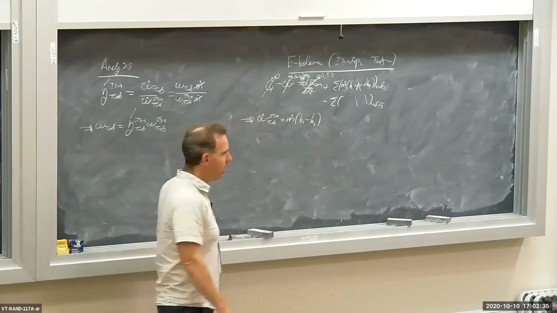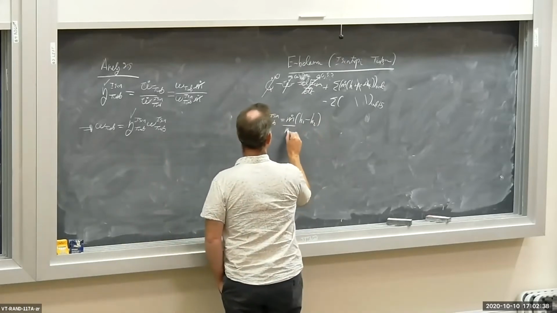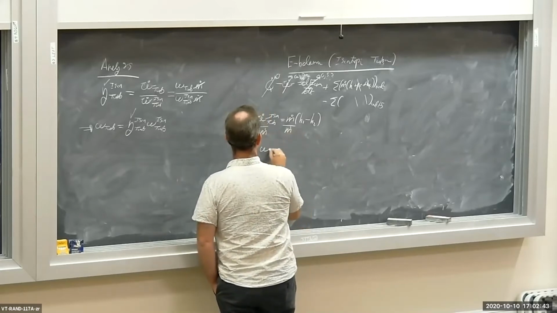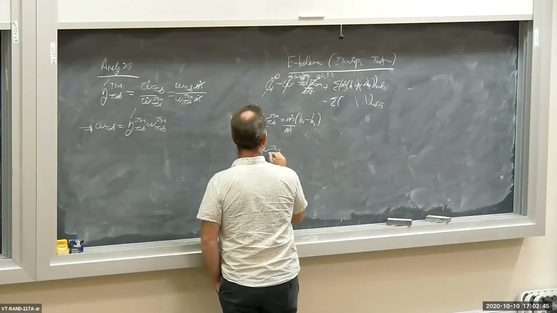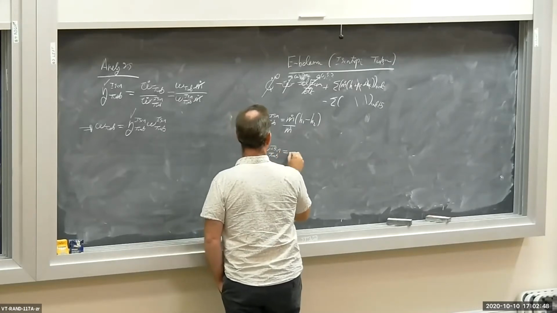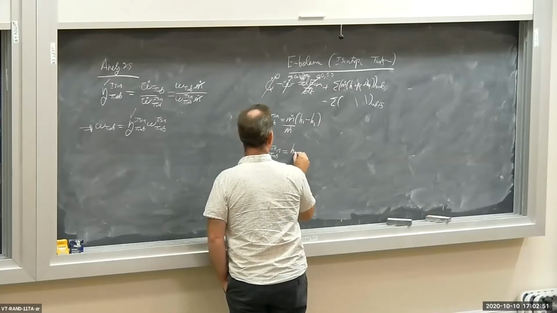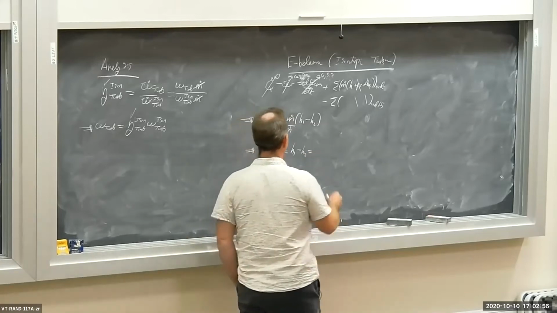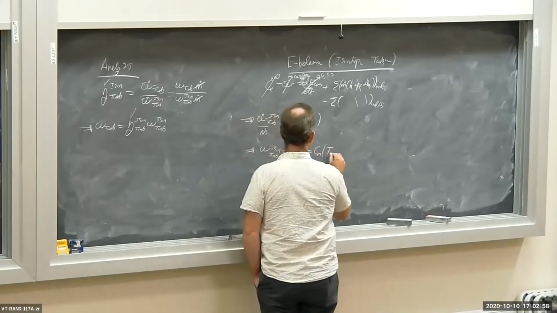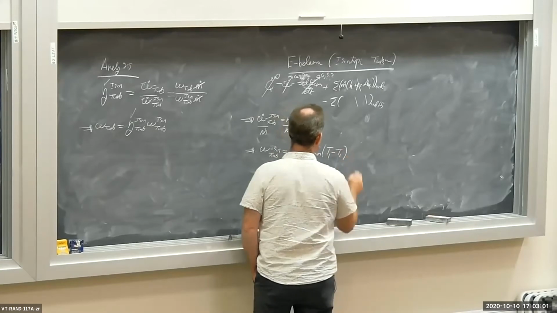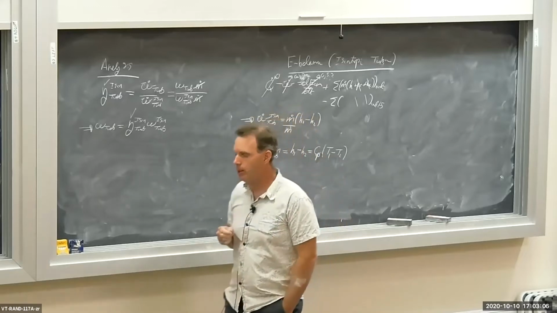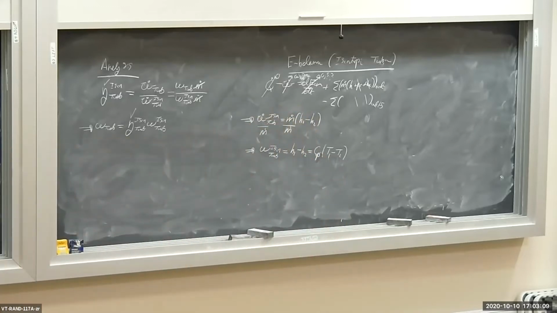If I divide by m dot, I get the specific work. W isen turbine is equal to h1 minus h2. And if I assume constant specific heat, I get cp (T1 minus T2). I have temperature T1.